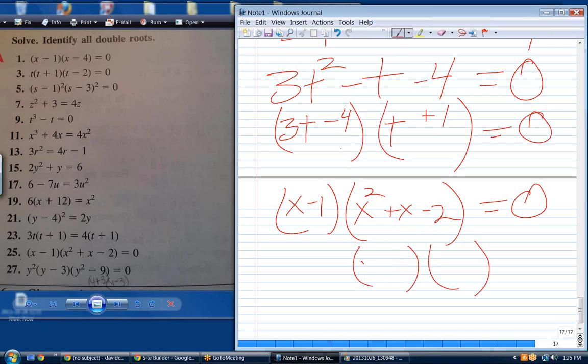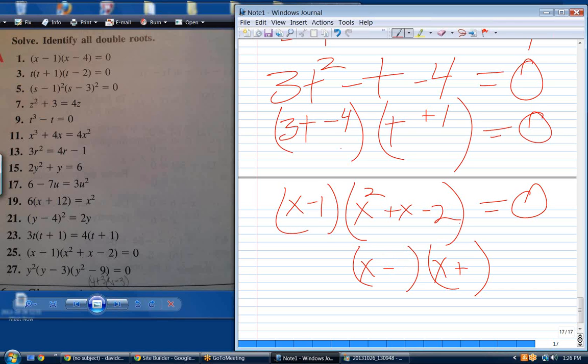X and X, and then what are the signs? A negative and a plus, or a plus and a negative. And either one is the same because these coefficients are both 1. So I don't need to write it like I did before. Now I want what?